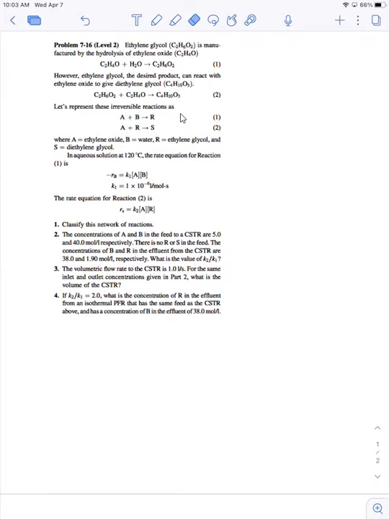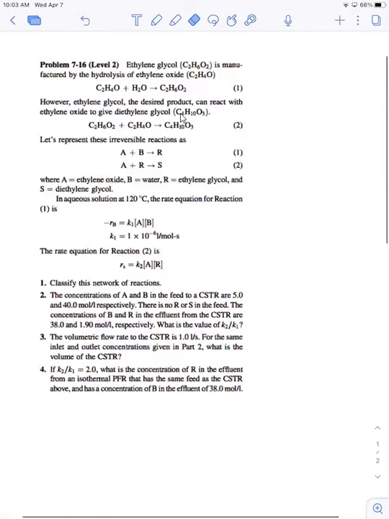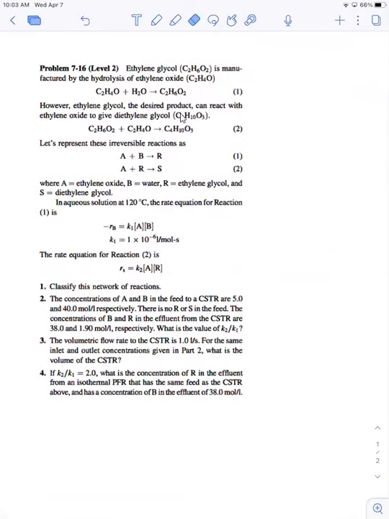So we have our disappearance of B is just an elementary reaction rate, and then the production of S, also elementary.